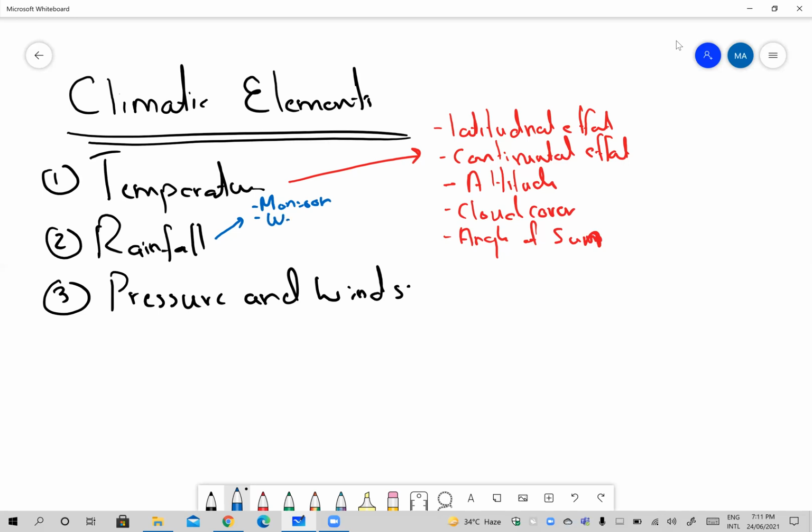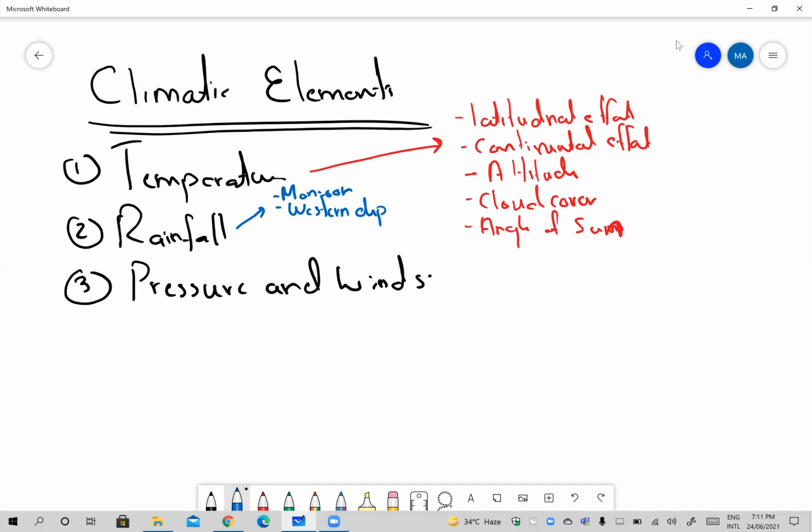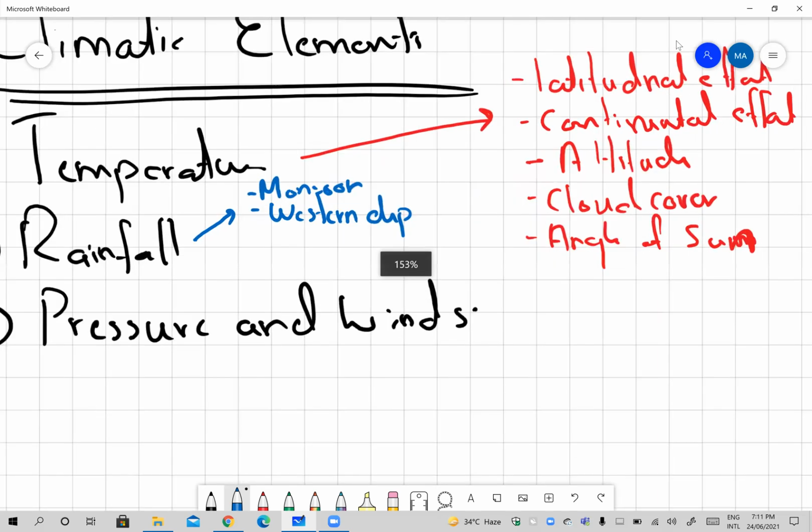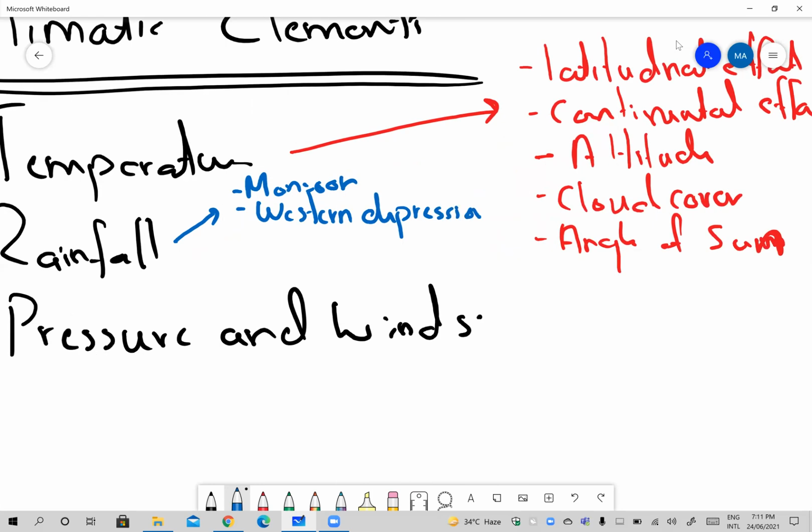Western depressions. Number four, convection currents. Relief rainfall.